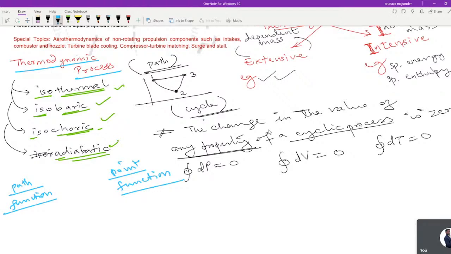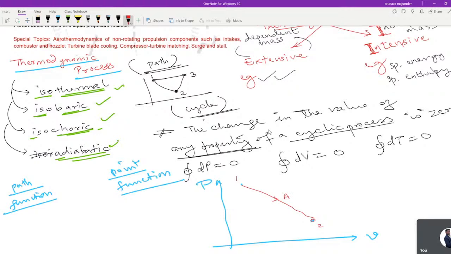Path function means, for example, you have a graph of pressure with respect to specific volume. We have 2 points. Let's consider one moving from 1 to 2 in a straight line. That is A. This path is A.